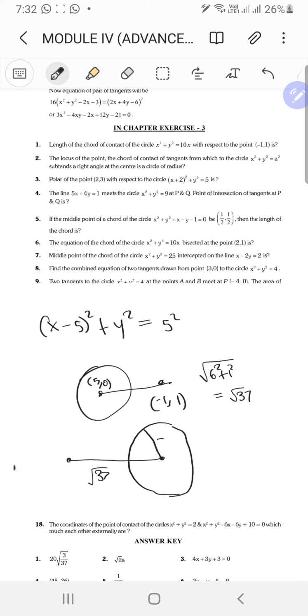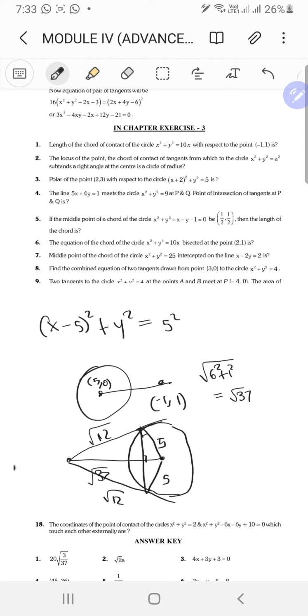If I draw this, this is a tangent, so here it's perpendicular, so this is going to be 37 minus 25, which is 12, so square root of 12. This other tangent will also be square root of 12, and this is 5, and we are interested in the chord of contact, so you've got a perpendicular over there.